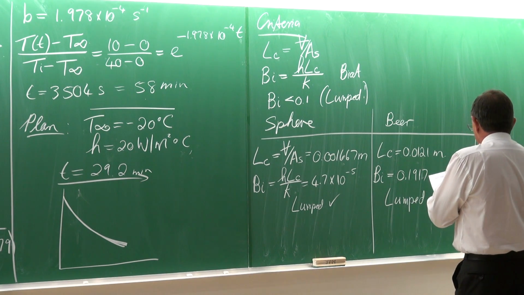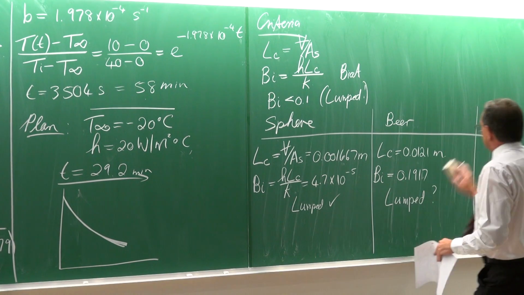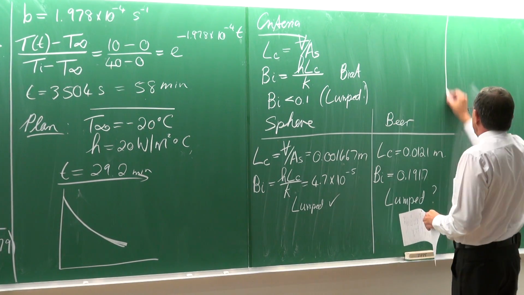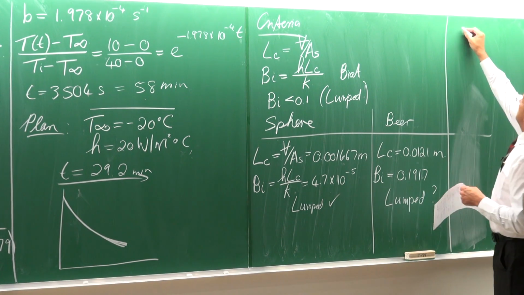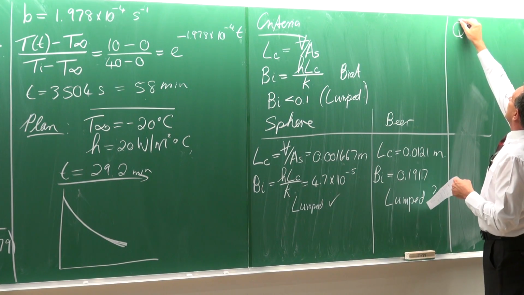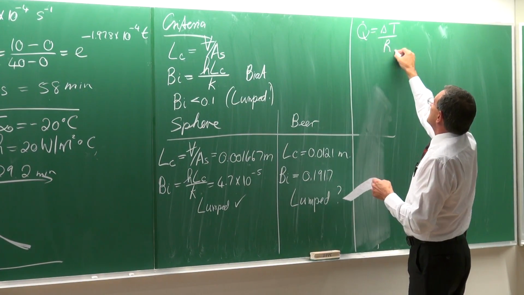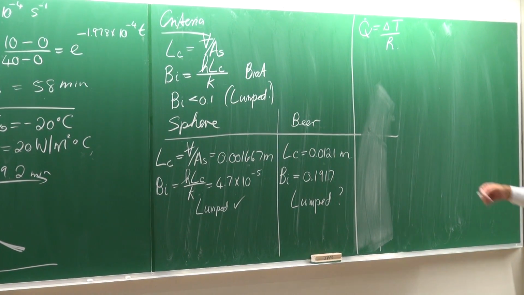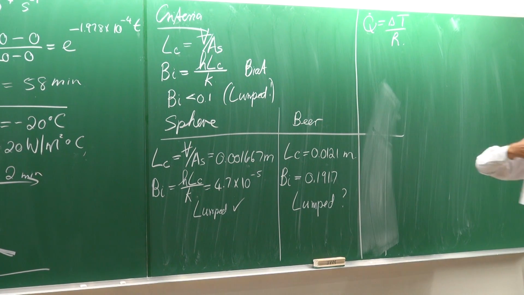Well, I hope you remember that when you looked at chapters 1 to 3 in your textbook by Cengel and Ghajar, the heat transfer rate can be described as delta T divided by a resistance. Just like in electricity, the current is equal to the voltage difference divided by the resistance of the system.